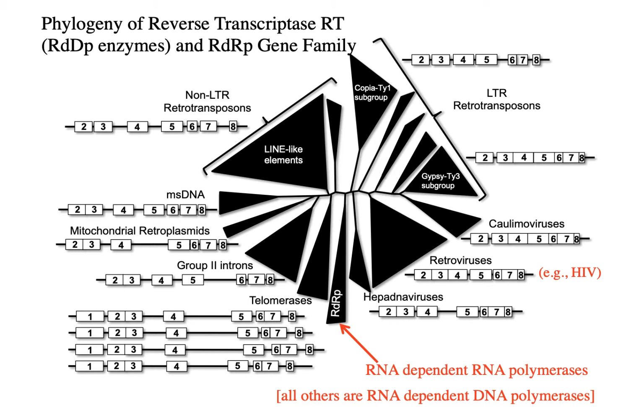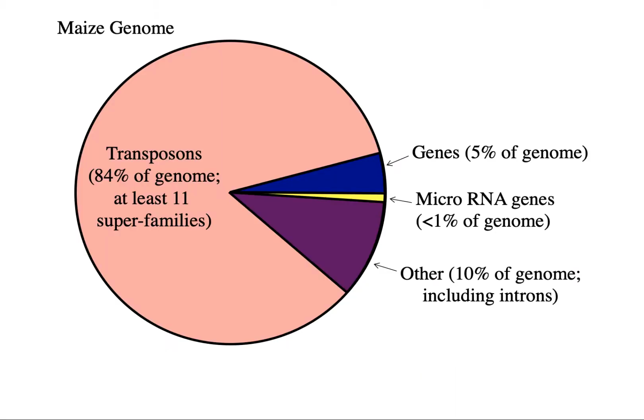But there are also transposons found in our genomes as well as plant genomes. So they're quite widespread. One of the reasons that Barbara McClintock was able to find these transposons is they make up a huge proportion of the maize genome.